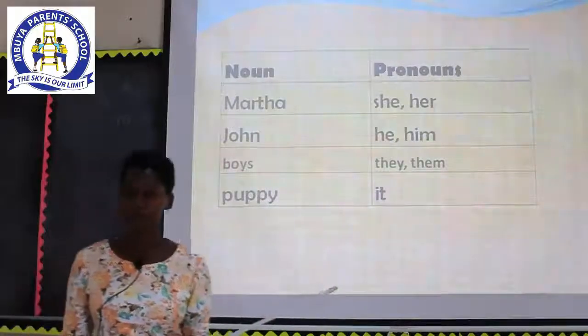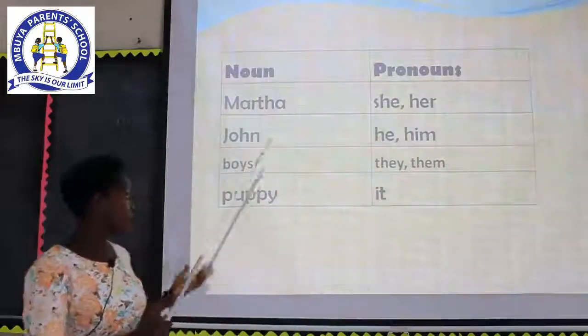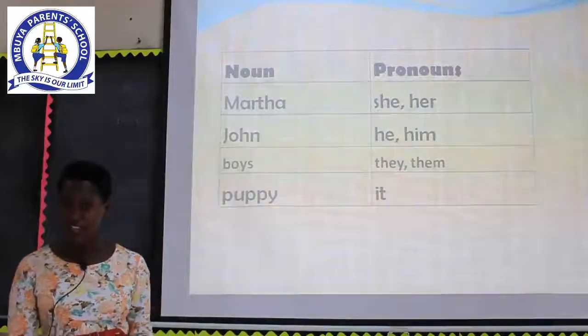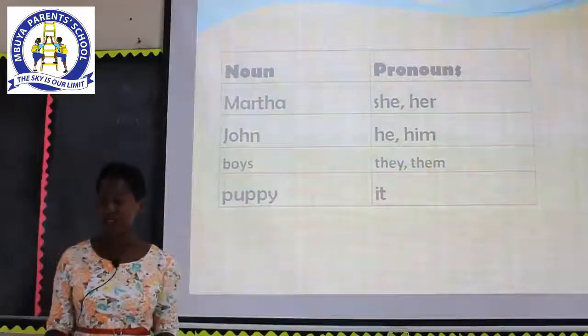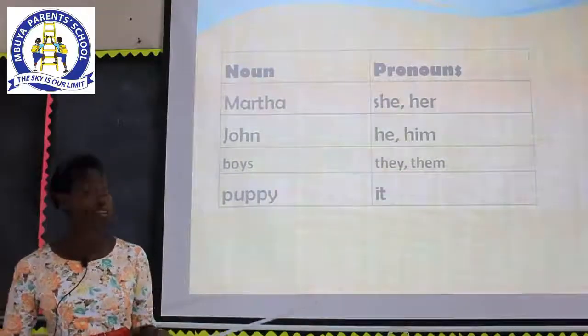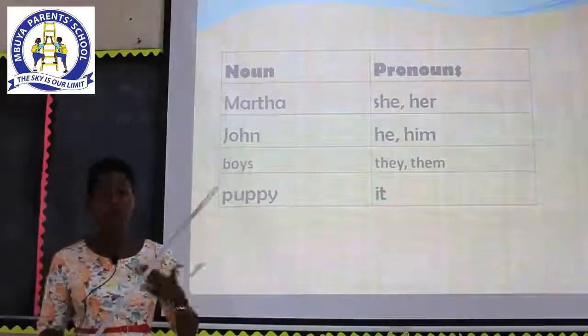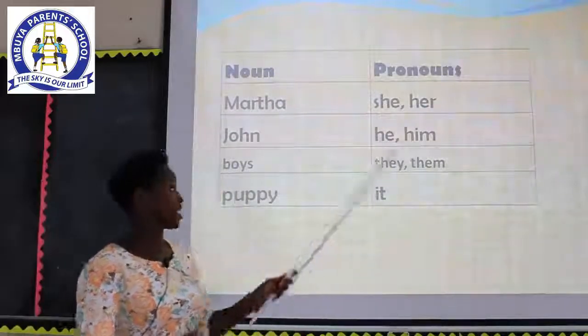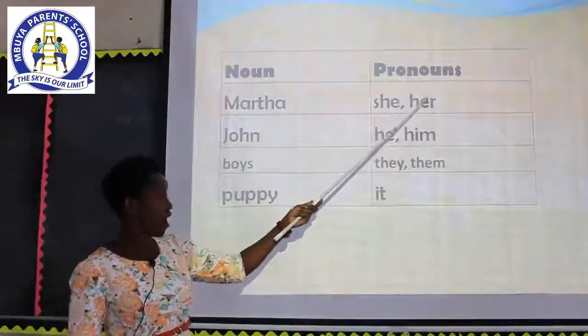Are we together? So not only mother, we can have other names like Mary, Jane, all those are female names, Carol. So instead of saying their names, we can replace them with pronouns. That is she and her.